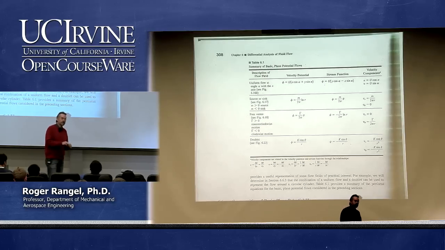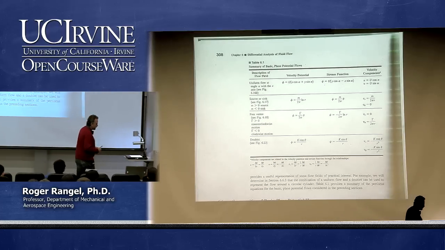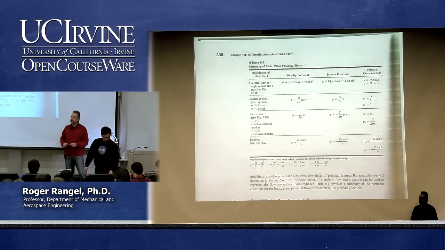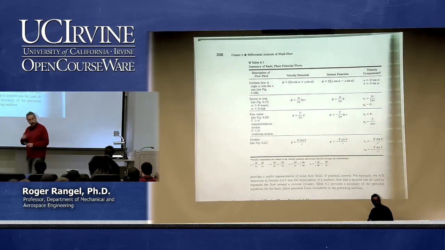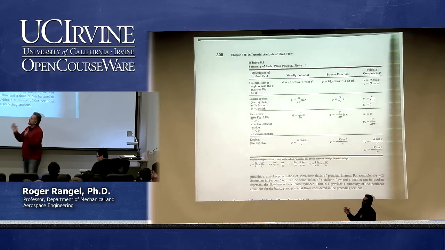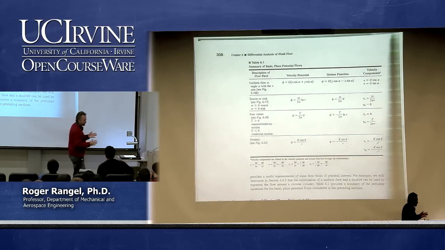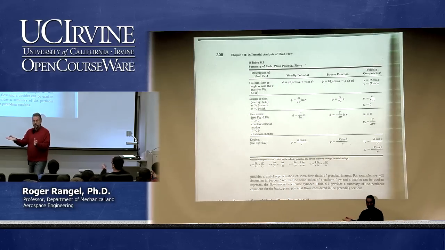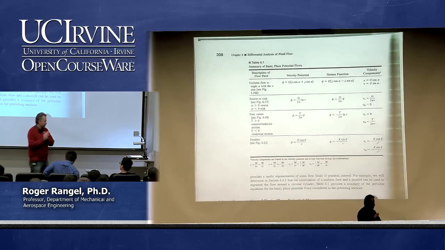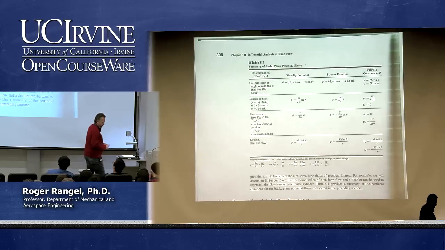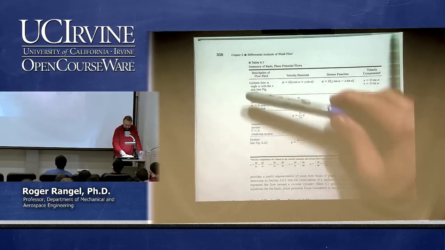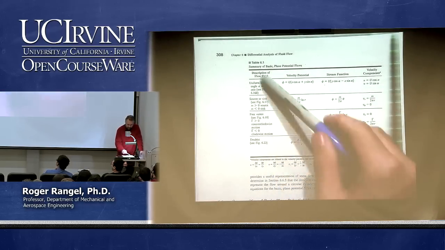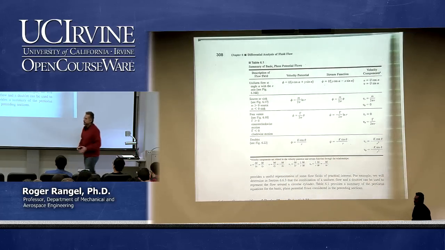So if the flow is already constant density, what do I need in order to use a stream function? It needs to be two-dimensional. So if I simply combine the two, I need the flow to be irrotational so I can use the velocity potential, and I need the flow to be 2D so I can use the stream function. So if I want to use both, then I need both those conditions. And therefore, these basic flows are all two-dimensional flows.